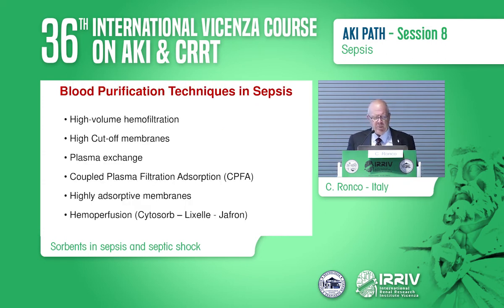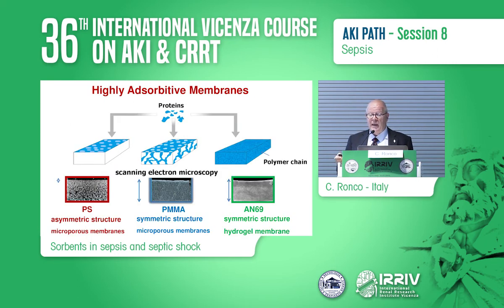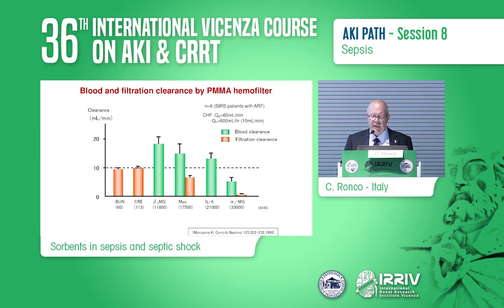Thomas Rimmelé has presented all these different techniques, how they have somehow provided some evidence, but little evidence, enough, however, not to discard their use. Highly adsorptive membranes seem to be important. PMMA or Oxiris have different characteristics and they can actually remove a significant amount of cytokines and endotoxin.